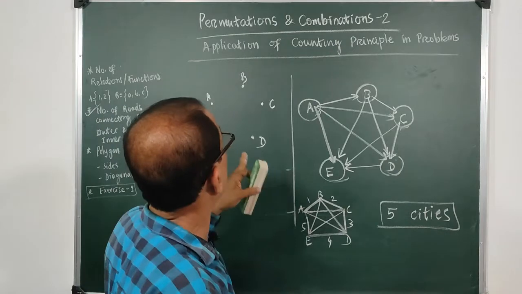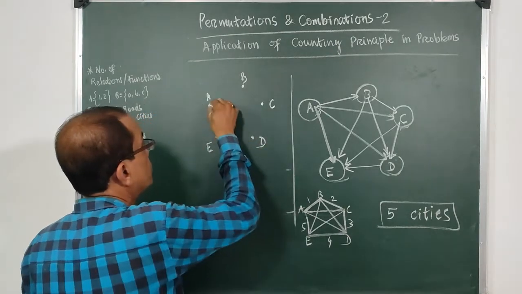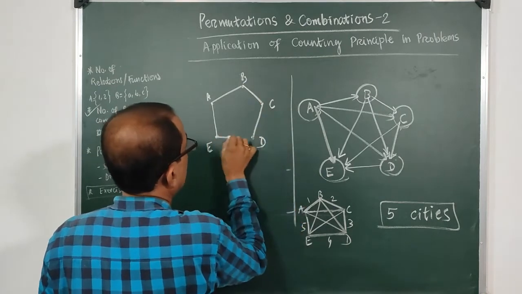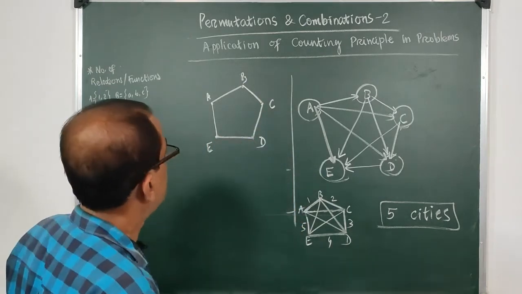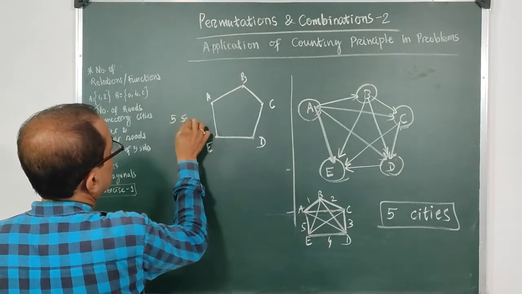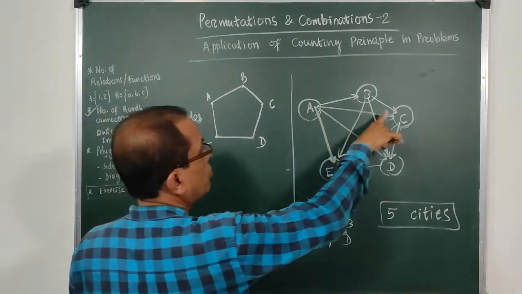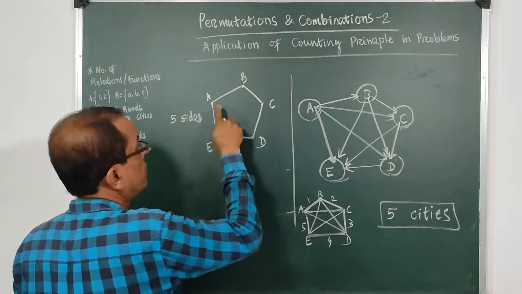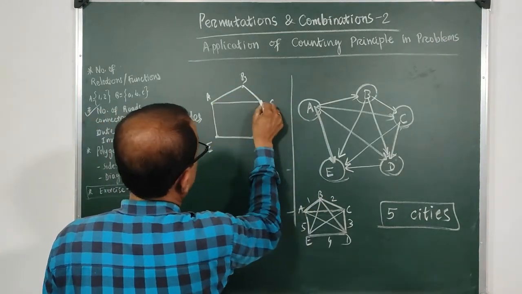A polygon of 5 sides has sides like AB, BC, CD and DE. There are 5 sides, and according to this problem, when there are cities, these are roads, and when there are vertices, these are sides, and these are the diagonals.